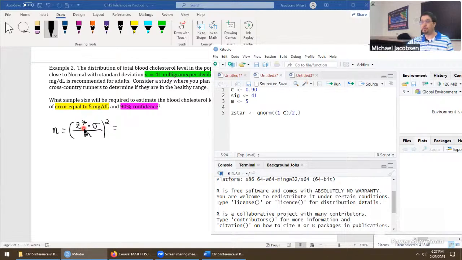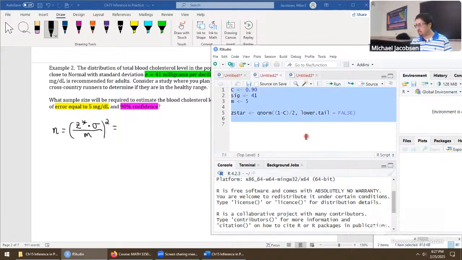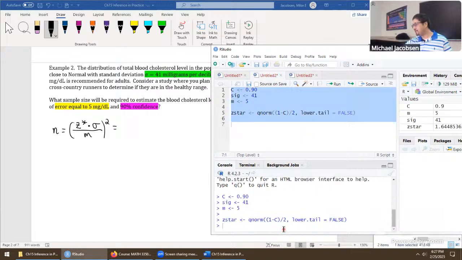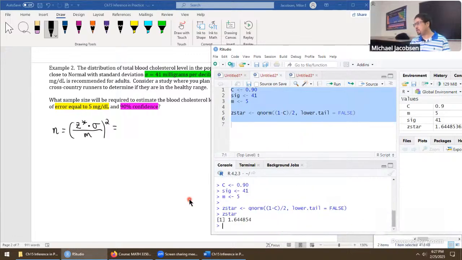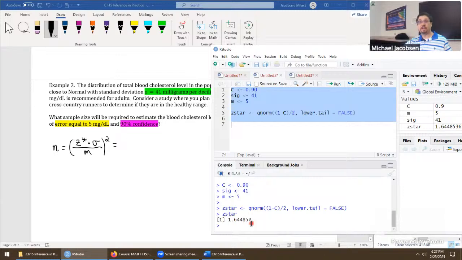Not in the confidence interval formula, and not even here, because power 2 is just going to wipe out a negative sign. But it's still weird to cite a negative z star, so let's set lower.tail false. Run all this, and z star is now that figure right below here, 1.6449 if we're rounding.